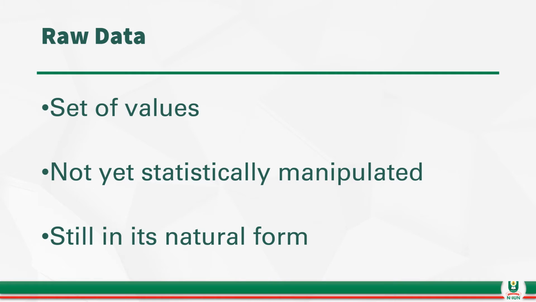Such values that you get, you have not manipulated them. You have not analyzed them statistically, or used the values that you get in those raw forms as you get them. You have not tampered with them. That is what is called raw data. By the time you manipulate it, you analyze it, and then you begin to look at errors in your findings and the values you get as you analyze them, it is no longer raw data.